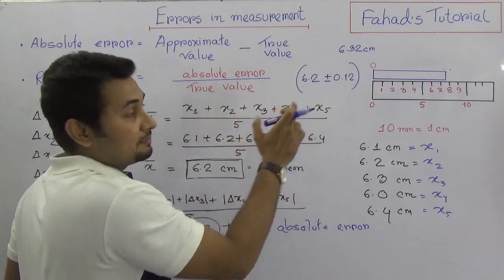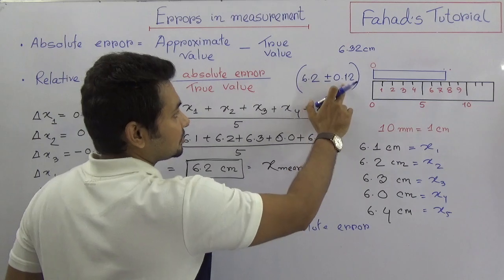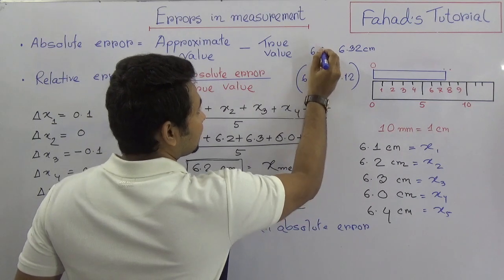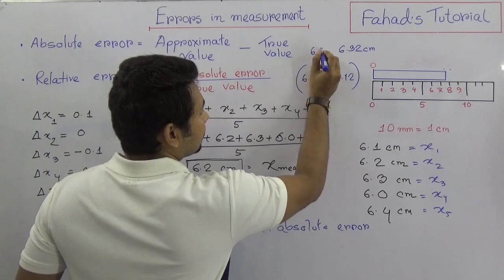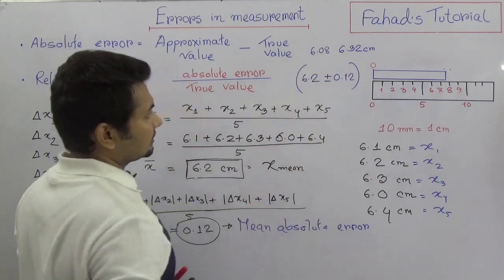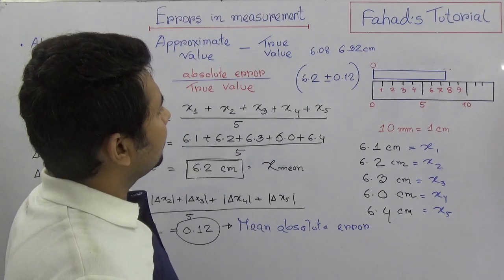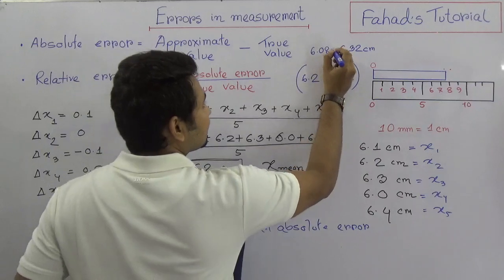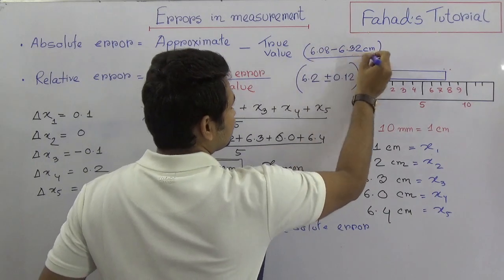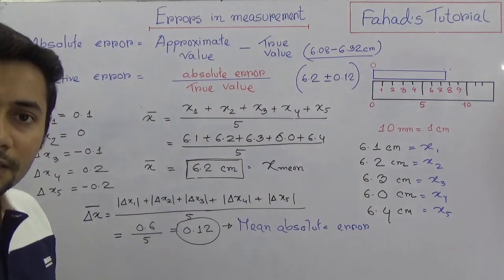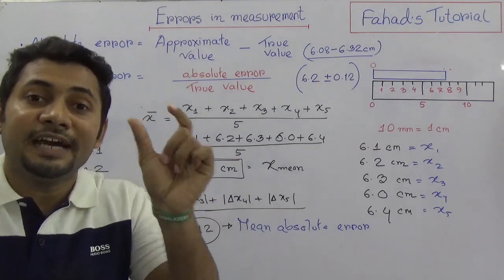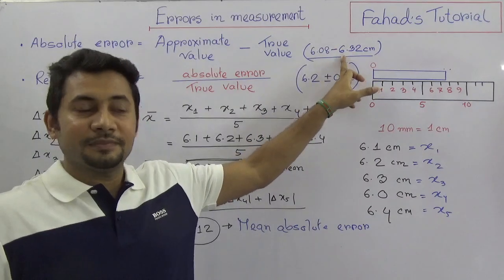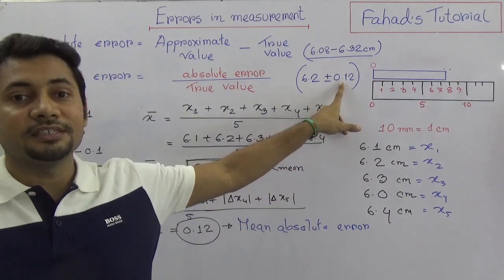And if I subtract, 6.2 minus 0.12, it will be 6.08. So the range is 6.08 to 6.32 centimeter.